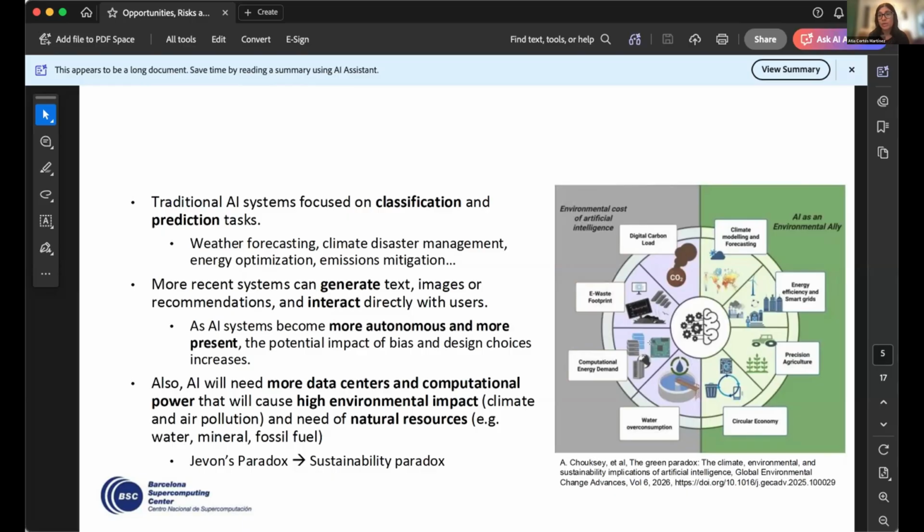So we have what traditionally was called the Jevons paradox. Here, it's moved towards this sustainability paradox, right? We want to use this technology to have a positive impact on our climate and our environment, but at the same time, we are causing a negative one.